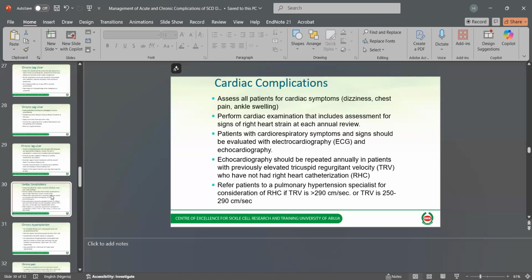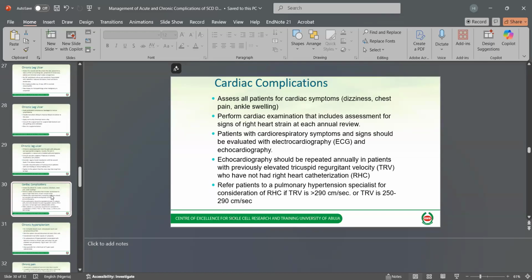Right heart catheterization is a special investigation that is used to confirm pulmonary hypertension. And it's usually not available at most centers. So in the absence of it, we need to be repeating the echocardiography to check for this complication on an annual basis.